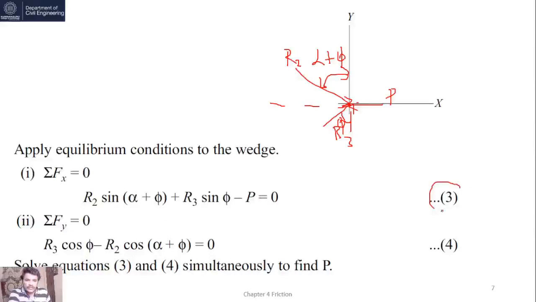So this becomes equation 3, and summation of Fy equal to 0. So resolving this, R3 cos phi minus R2 cos alpha plus phi is equal to 0. So this is equation 4. Now you can solve these two equations, you will get the value of P.